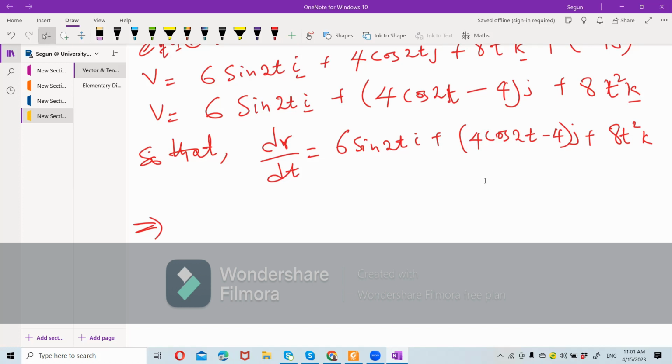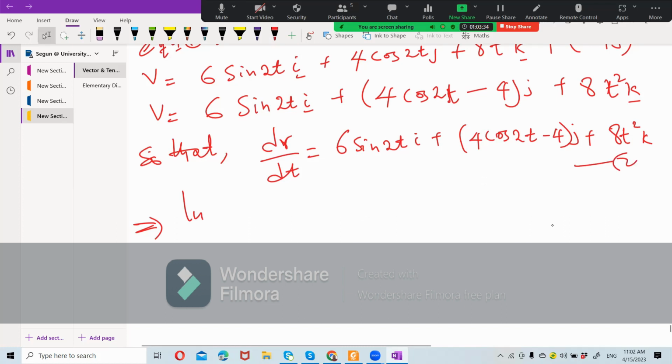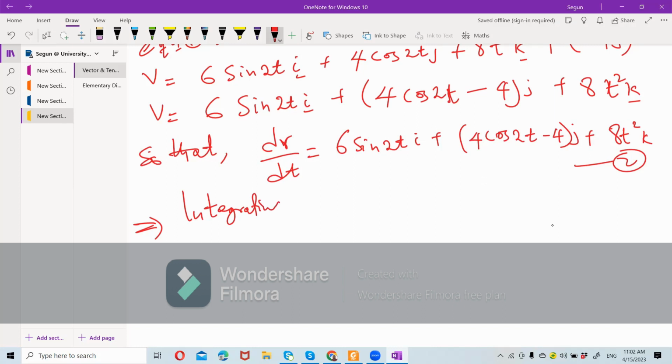So all we need to do now is to integrate and get your r. So let's call this one equation 2. Integrating equation 2.